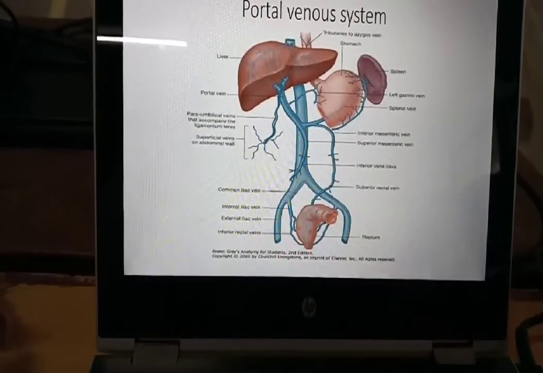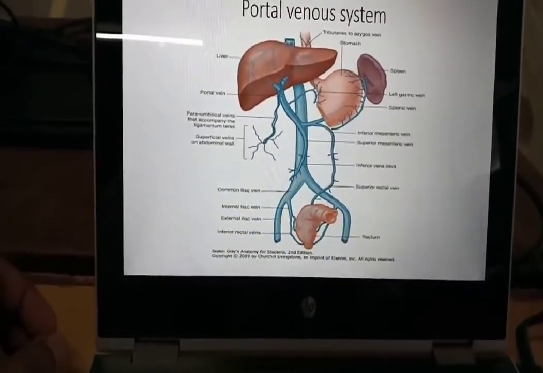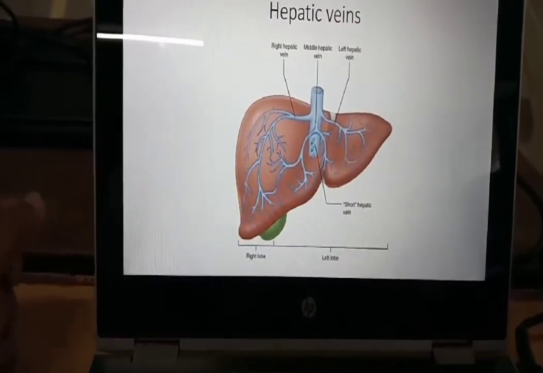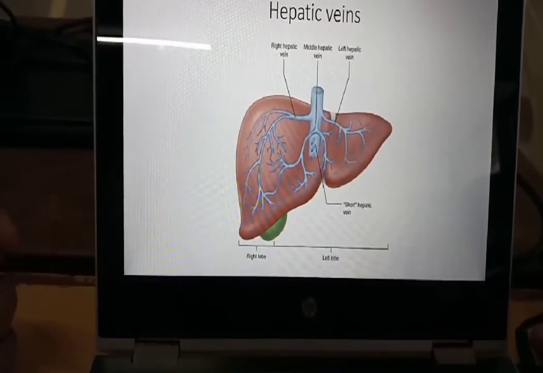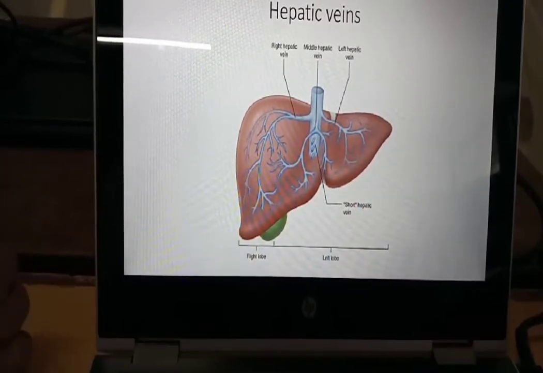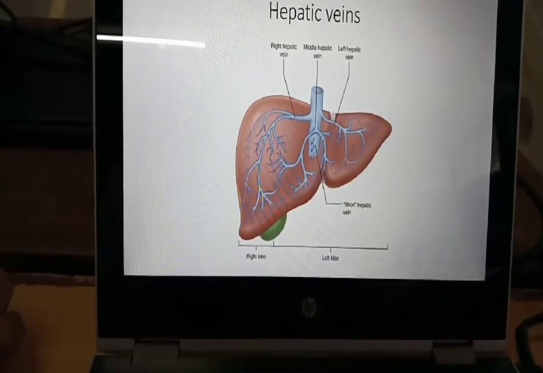Okay, so here it is, what I have just described again in a more clearer picture. Then you can see that the hepatic veins all drain into the inferior vena cava, and then they go to the heart.